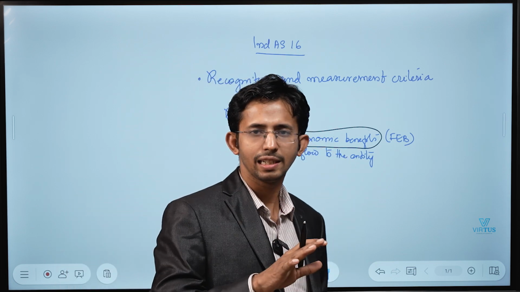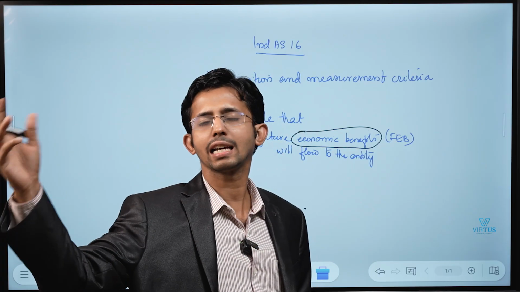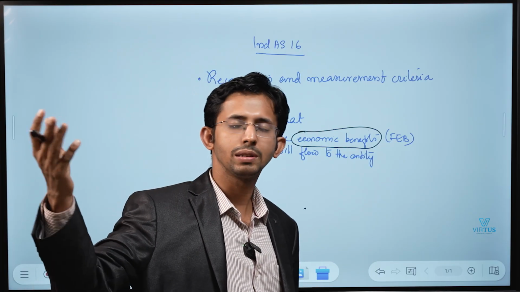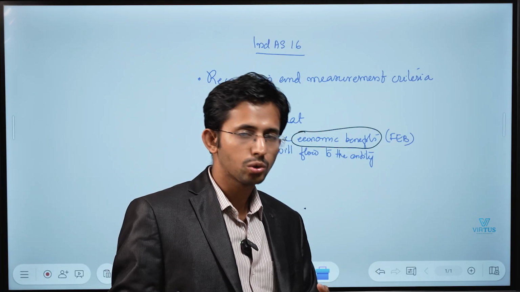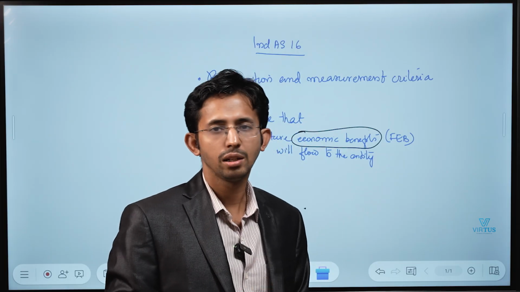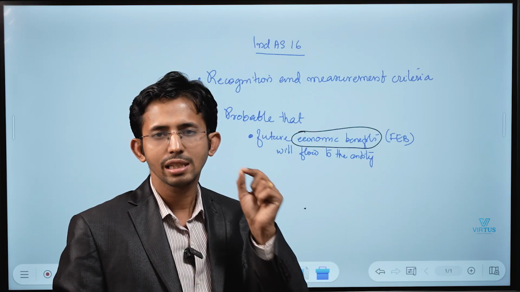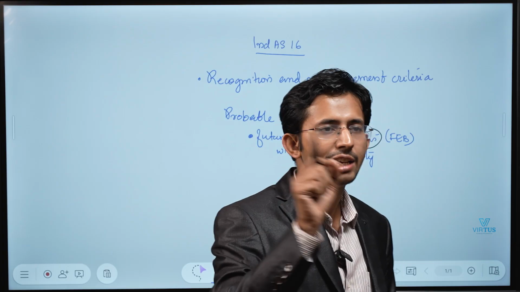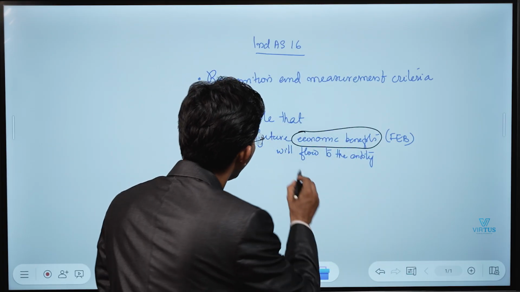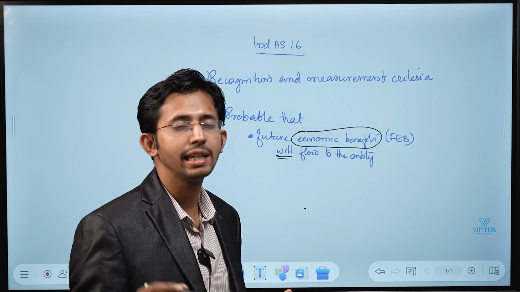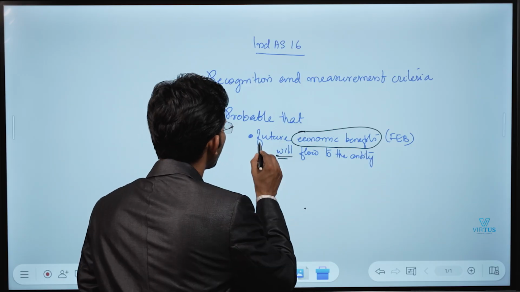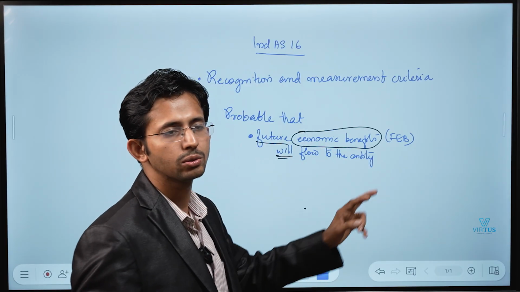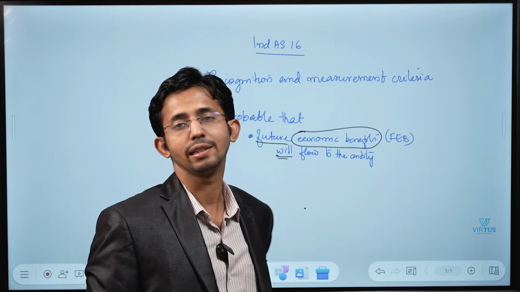Is it sufficient that the economic benefits have already come in the last day, last month or last year? Can you recognize that as an asset today? No. You can call something an asset only if economic benefits will flow to the entity in the future. So future economic benefits, that is very important.